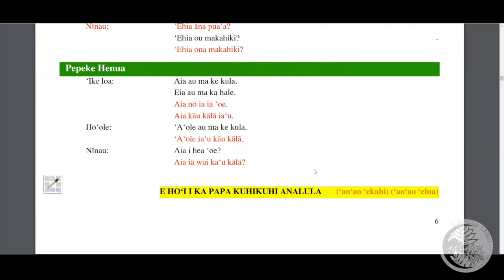Just coming down the list here. We notice aya again up in the po'o position, describing that something is located. And that one is located it, or he or she. And this one, kaukala, or your money.